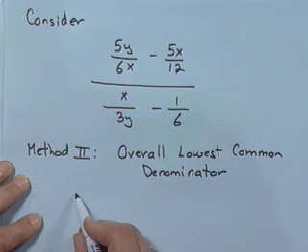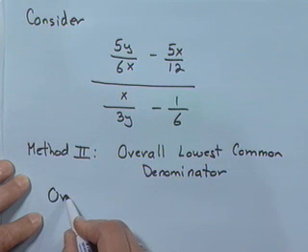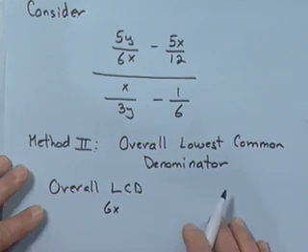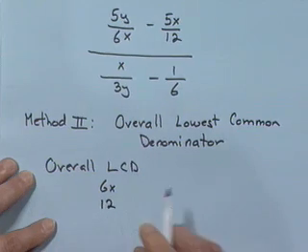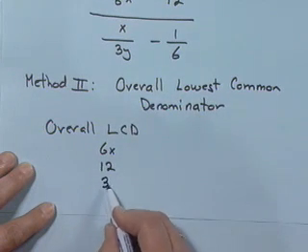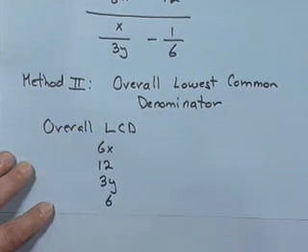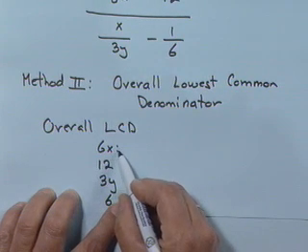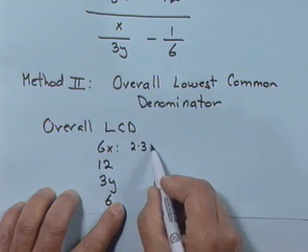So what we want to do then is consider an overall lowest common denominator for 6x, 12, 3y, and 6. Okay, so for the 6x, I know that what I need is a 2 times 3 times x.